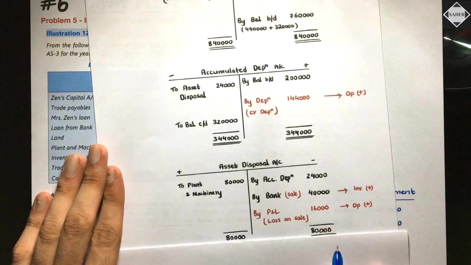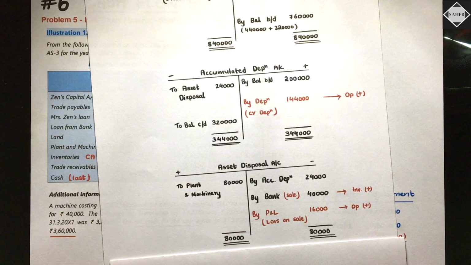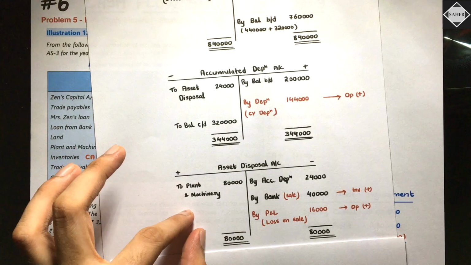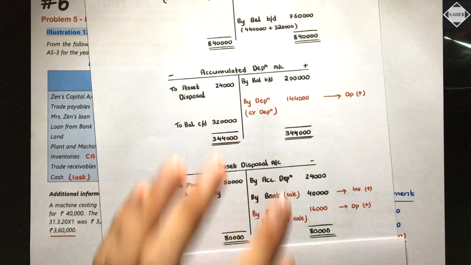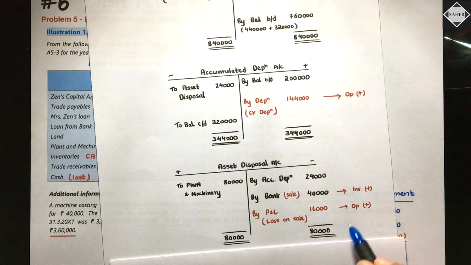Then you will just balance this account. If the balance comes on the debit, that's profit. If it comes on the credit, that's loss. Remember this, write this down somewhere. Whenever the balancing figure comes on the debit, it's profit. Whenever it comes on the credit, it's loss. So 80,000 here also 80,000. 80,000 minus 40 minus 24, that's equal to 16,000, and that is loss on sale.